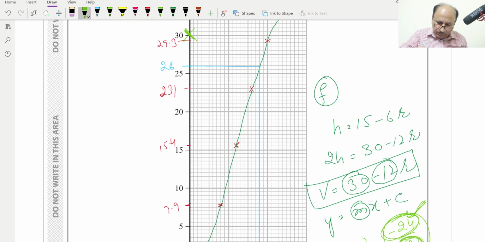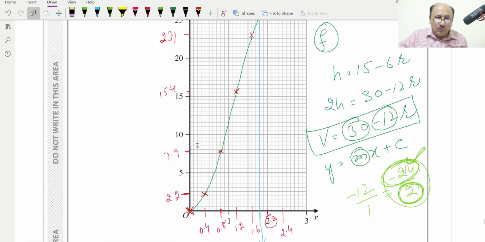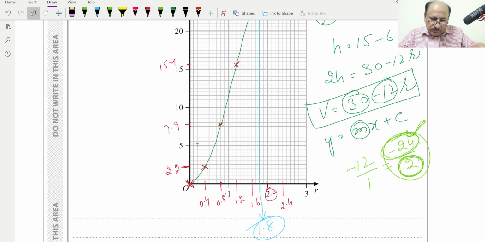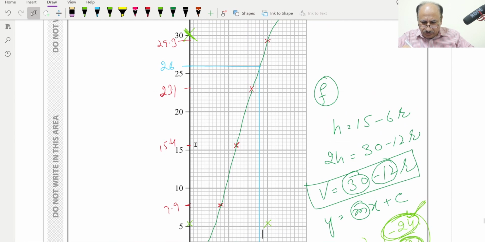24 units down will be over here, and 2 units will be on this side, which we can mark over here, and we can draw the straight line joining this one. We'll have to join this straight line like this, and this is the suitable straight line which we have drawn.